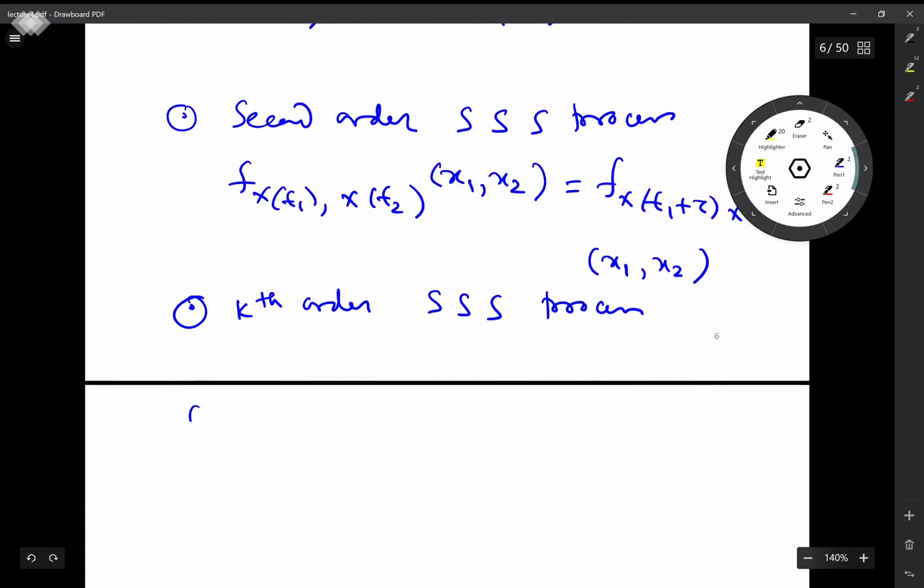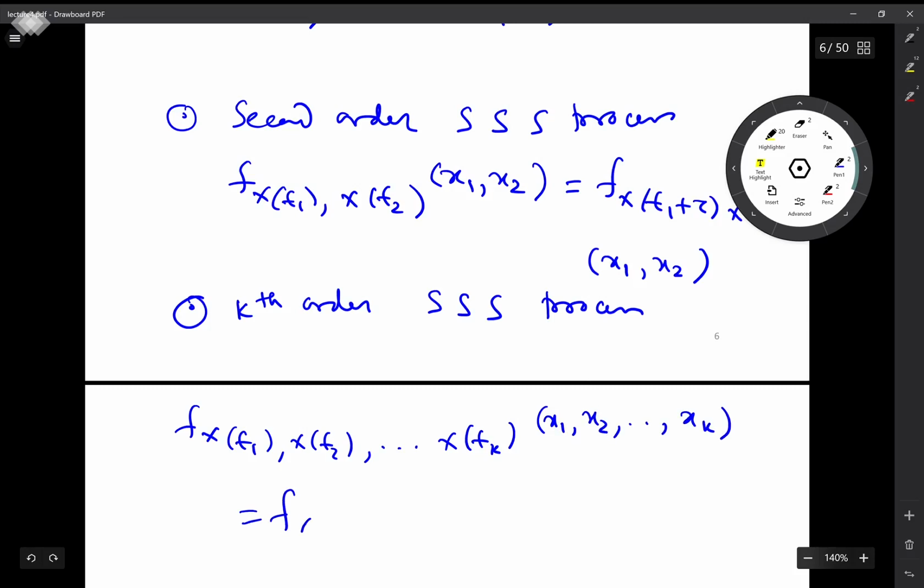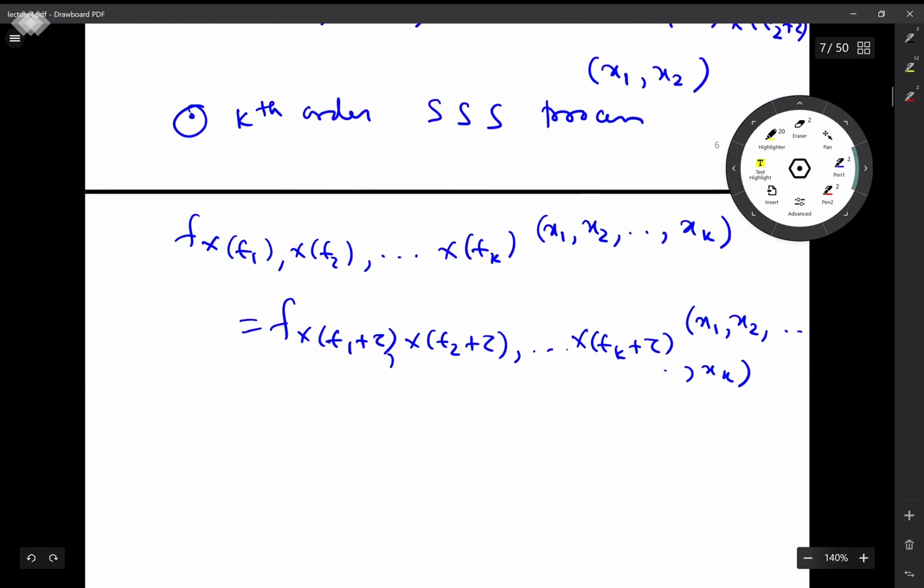Again we write f of X(t1), X(t2), up to X(tk) of x1, x2, up to xk will be equal to f of X(t1 plus tau), X(t2 plus tau), up to X(tk plus tau) of x1, x2, up to xk. Then this is called the kth order SSS process, right?